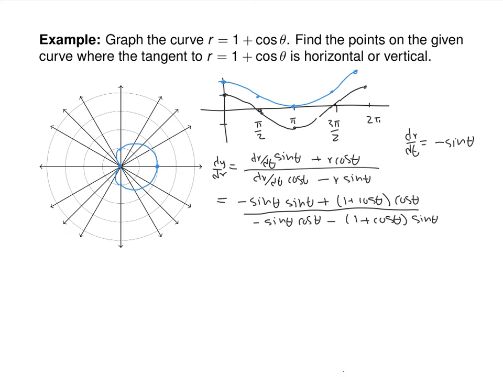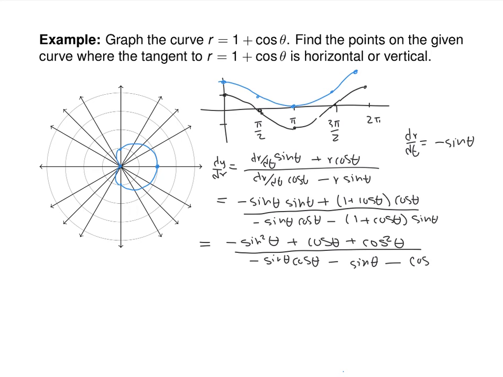And that simplifies a little bit to negative sine squared theta plus cosine theta plus cosine squared theta over negative sine theta cosine theta minus sine theta minus cosine theta sine theta. Now the denominator is simple enough to simplify.